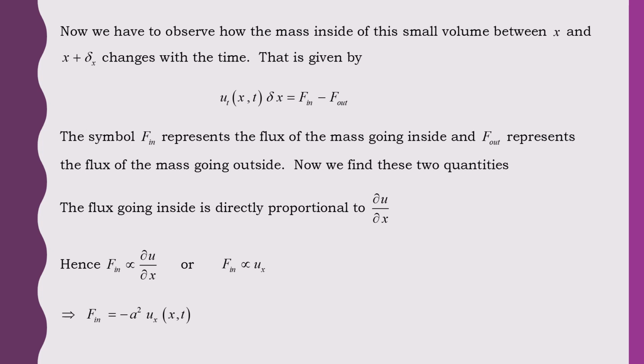Since f in is directly proportional to dou u by dou x, we have f in equals minus a square u sub x. Now, we have to find out the value of f sub out also.